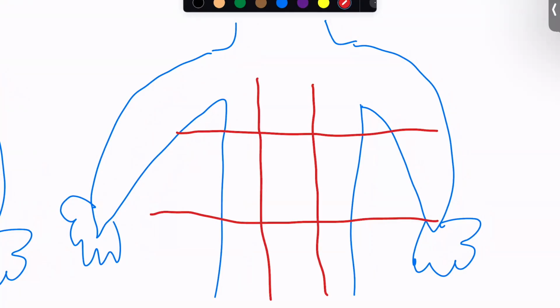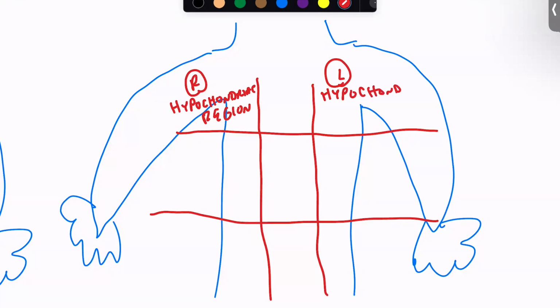So this right here is the right hypochondriac region. And so this would be the left hypochondriac region right here. And then if we just keep moving down, this is the right lumbar region. And so this would be the left lumbar region.